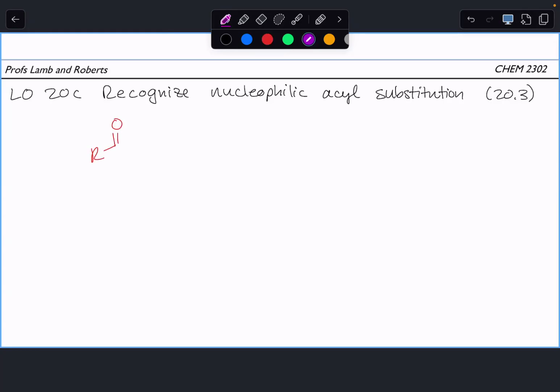The general scheme of this reaction is that you have some sort of carboxylic acid derivative, here's our CAD, and you react it with a nucleophile. Nucleophilic acyl substitution, so we need a nucleophile. That could be a nucleophilic H, or it could be a negatively charged nucleophile. That can change the mechanism a little bit, but it's basically the same.